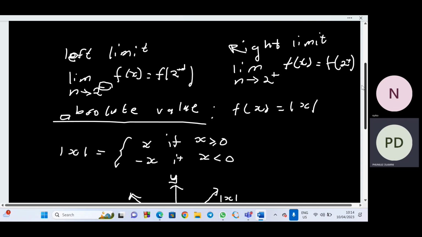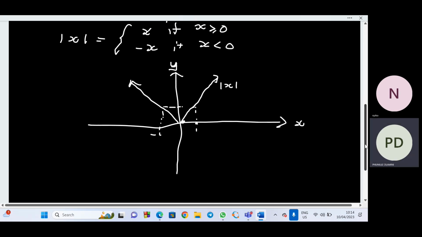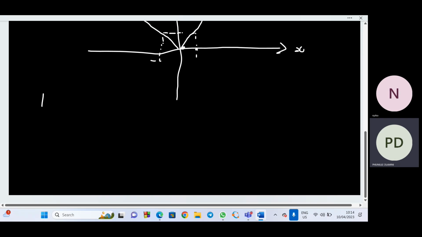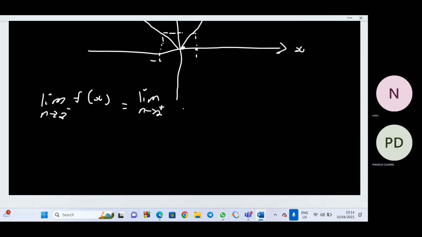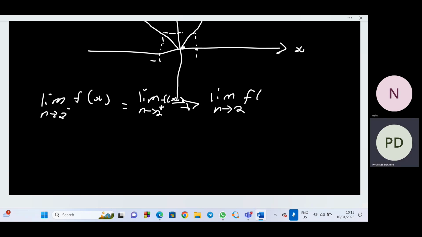So now this drives us to this: if we have the limit as x approaches 2 from the left of f of x, and this limit equals the limit as x approaches 2 from the right, so if the left-hand limit equals the right-hand limit, then this implies that the limit as x approaches 2 of f of x exists.